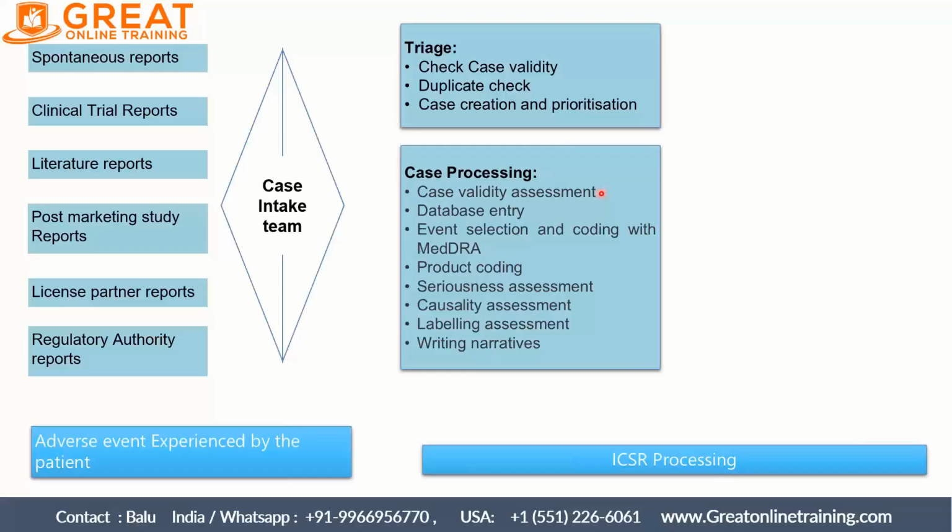It has to be a valid event, and we should have some information on that particular event. Then only will we consider that case valid. Invalid cases, or any cases missing any of these 4 criteria, will not be submitted to the regulatory authorities.